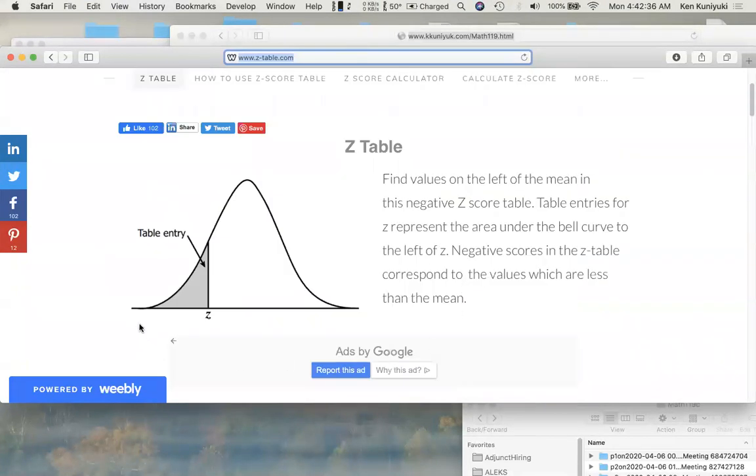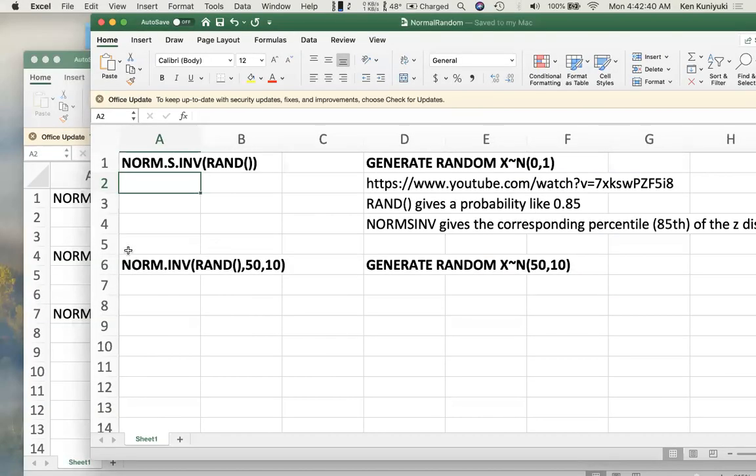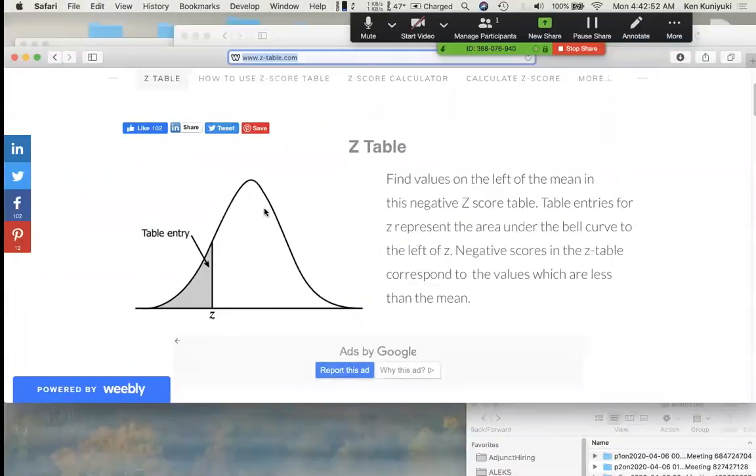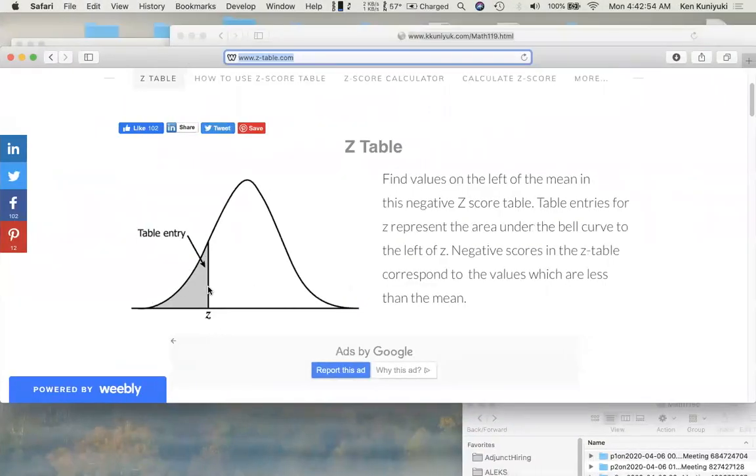And these z-tables would tell us these cumulative left-tail probabilities. So part A here was very well suited for that kind of issue, because this dealt with a left-tail probability, the probability that z was less than negative 1.24.